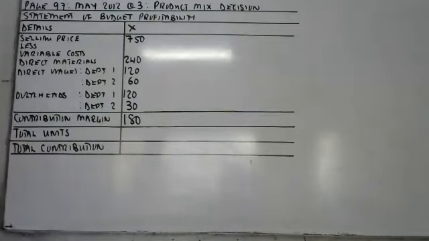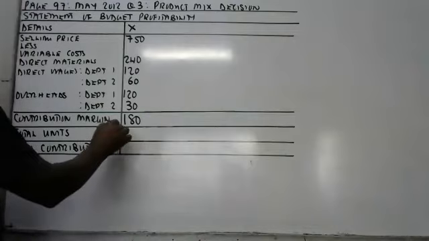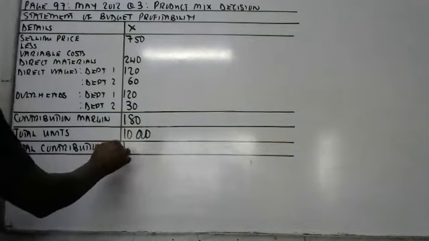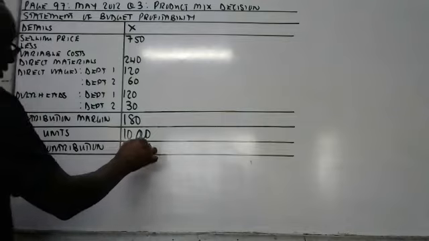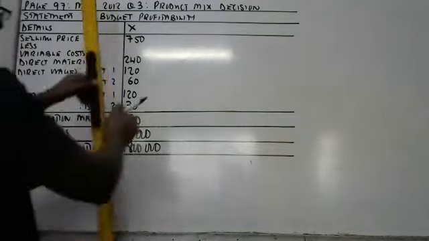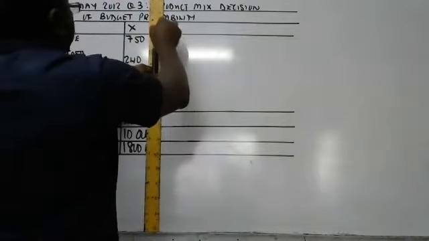And the total units as per the budget, the budget production is 10,000. So that means the total contribution will be 1.8. The total contribution is 1.8.